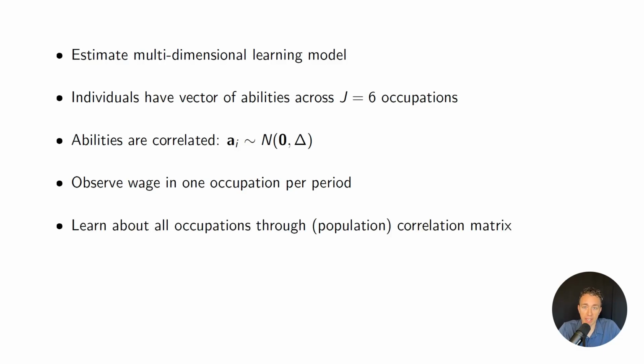And then the idea is that information in that population covariance matrix is going to allow me to update my ability belief in all the different occupations, even if I'm only participating in one occupation at a time. And I'm going to have a very similar wage regression as before. Now I have J subscripts as well to emphasize occupation J.